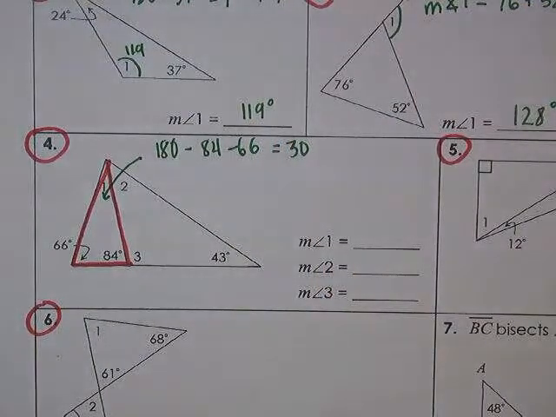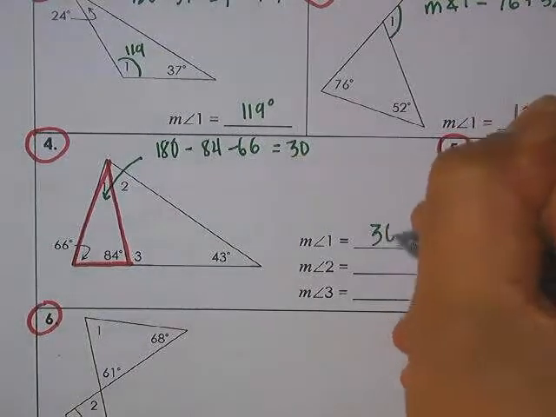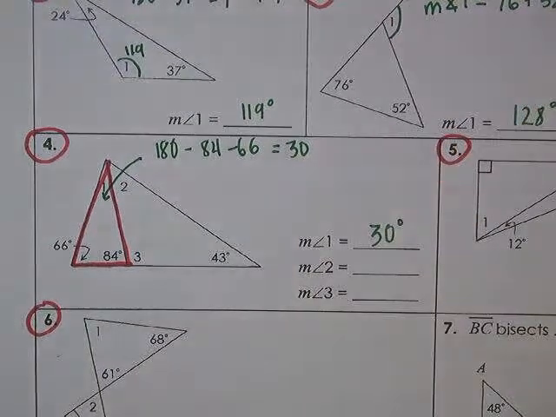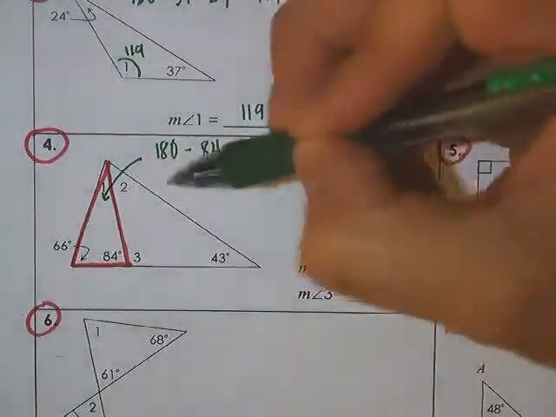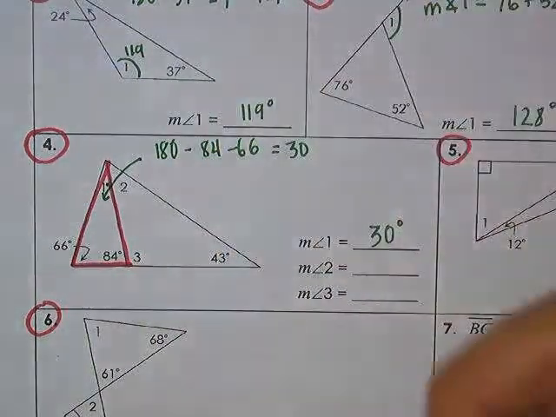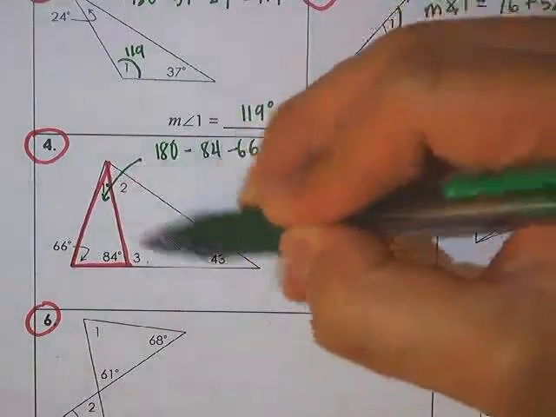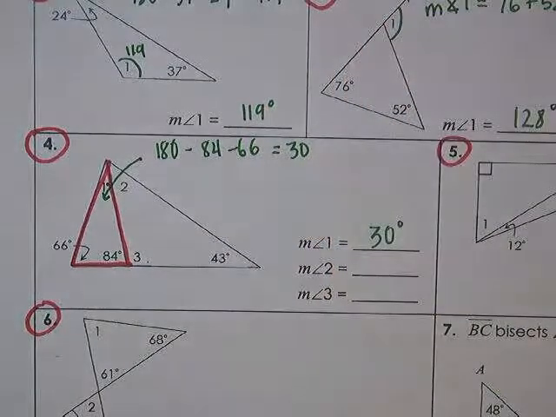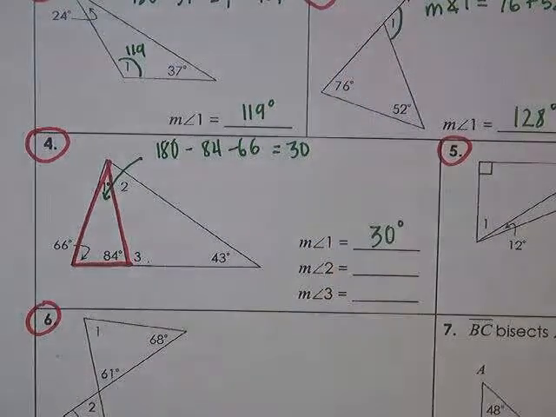So angle 1 is going to be equal to 30 degrees. Now, I have angle 1 completed for this triangle, but angles 2 and 3 are on the other triangle. So we need to find a way to find angle 2 and 3.